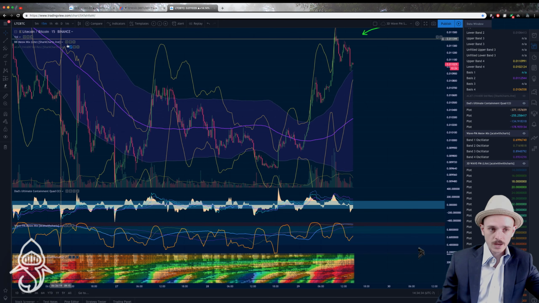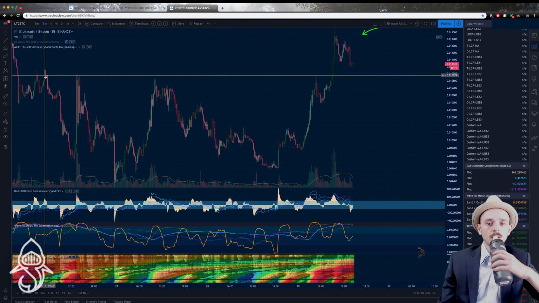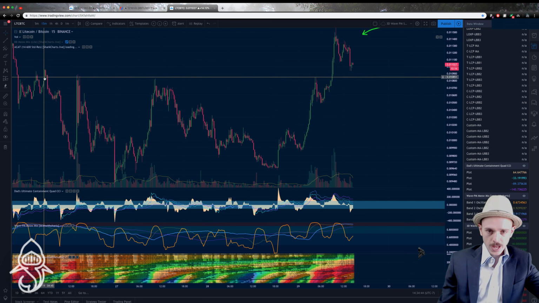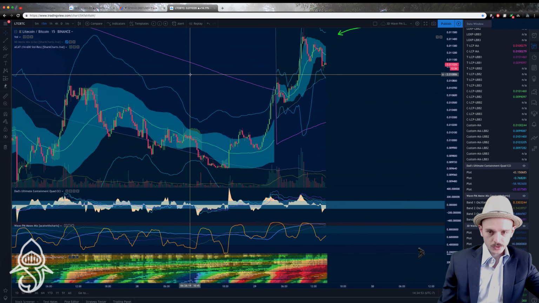I can use ACAT, why not? Here we go. Show me what you got. It's going to take a second to load. So no mean reversion condition quite yet.